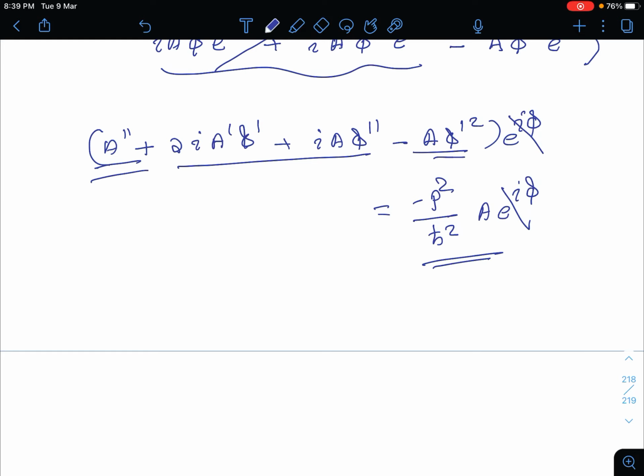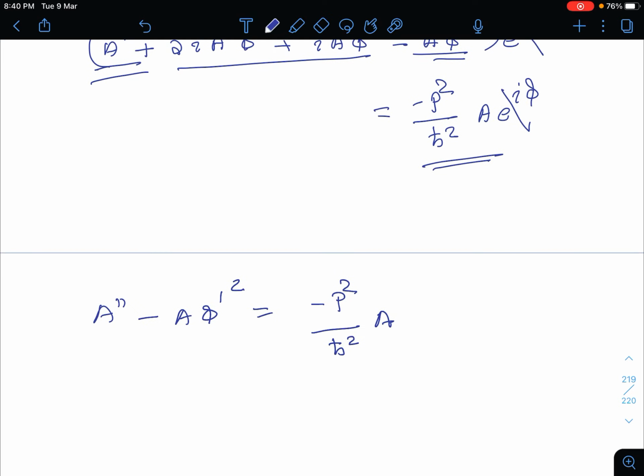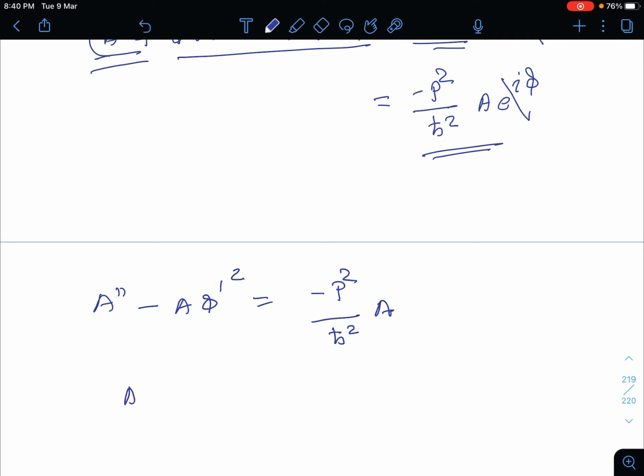So let's equate the real terms. That means a double dash minus a phi dash square is equal to minus p square by h cross square a. Right? Correct. So a double dash is equal to a into phi dash square minus p square by h cross square.